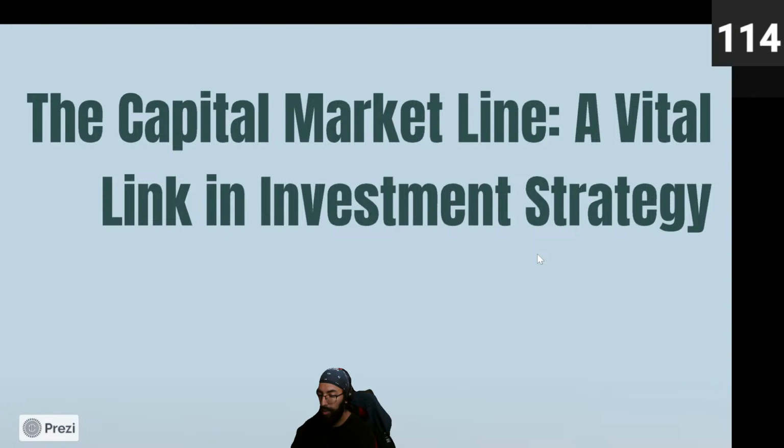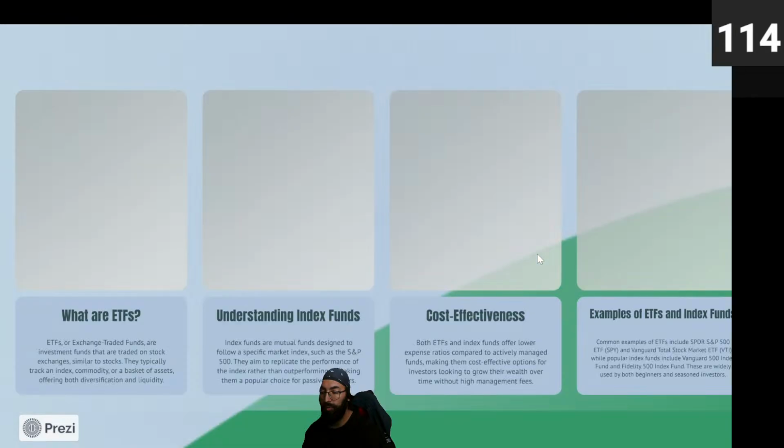Understanding index funds: index funds are mutual funds designed to follow a specific market index, such as the S&P 500. They aim to replicate the performance of the index rather than outperforming it, making them a popular choice for passive investors. So I guess the stock exchange is probably the TSX, like the Toronto Stock Exchange, or the NYSE, rather than the S&P 500, because that's a market index.